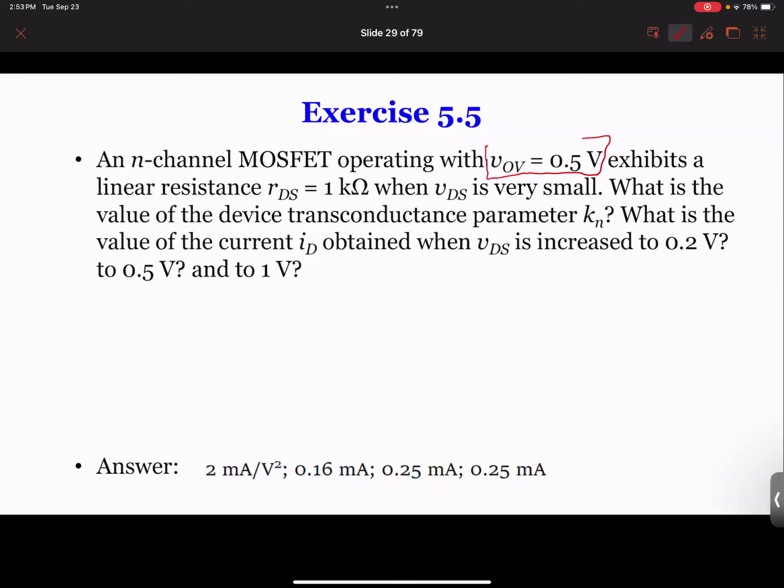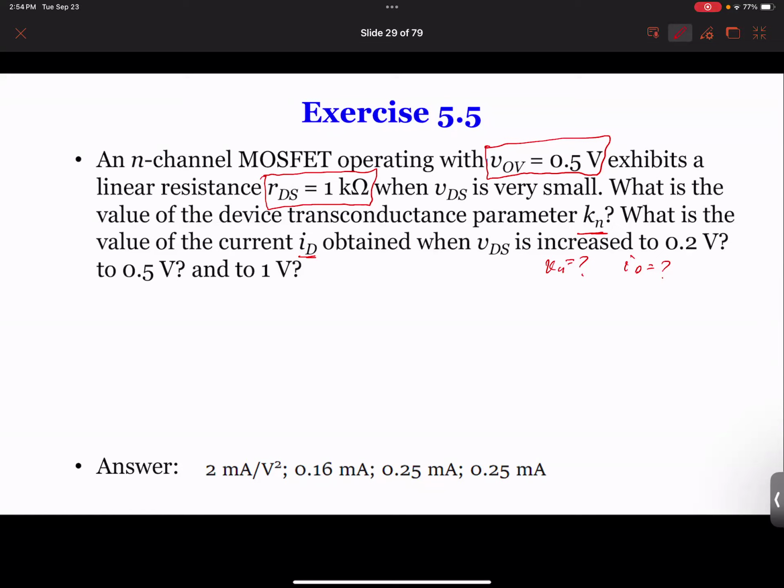This VOV is 0.5, and it also says that RDS is 1 kilo ohm, and VDS is very small. So what is the value of the device transconductance parameter Kn, and what is the value of ID? It says when VDS increases from 0.2 to 0.5, and also to 1 volt.